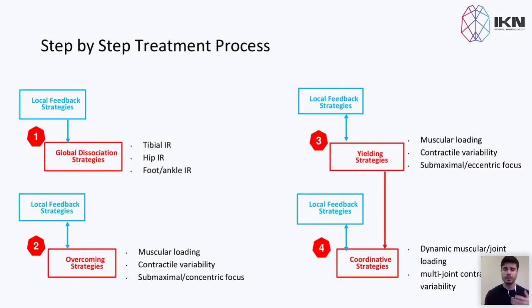So there are certain treatments that we will use that are consistent across many clients, but if we can't do that actively, we'll have to use more local manual feedback strategies, what we term local feedback strategies. Then we're moving into what we call overcoming and yielding strategies, where we're looking at loading the muscles in a certain way. We're looking at restoring variability in the contractile behavior of the structure.